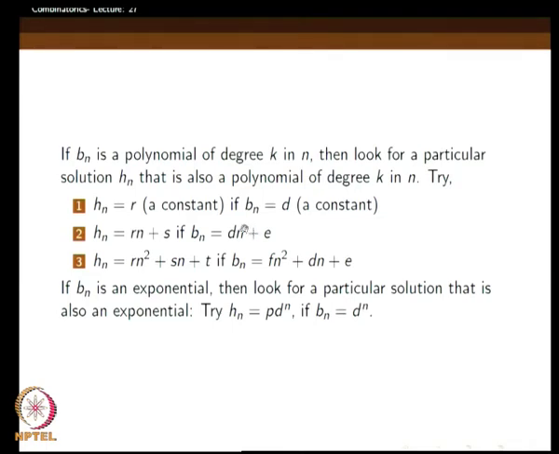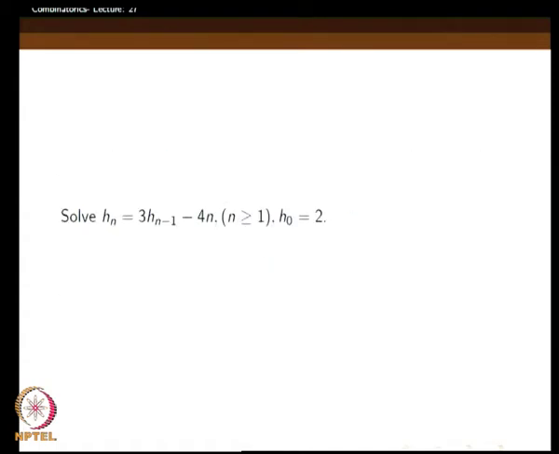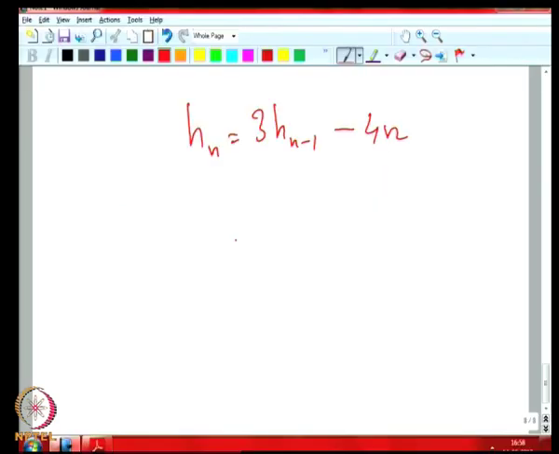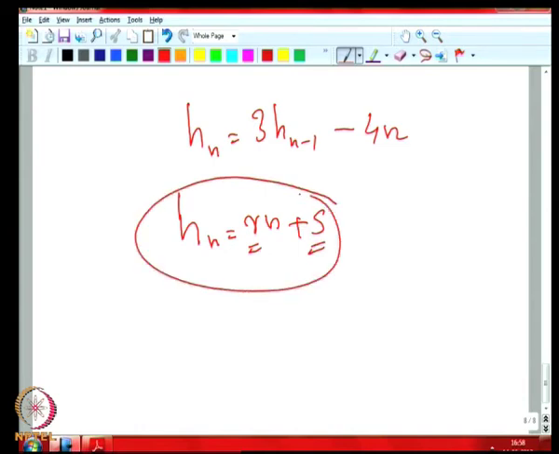Since this is minus 4n plus 0, it is of this second category. So we will try Hn equal to Rn plus S for the particular solution, where R and S both are constants. See whether it will work or not.